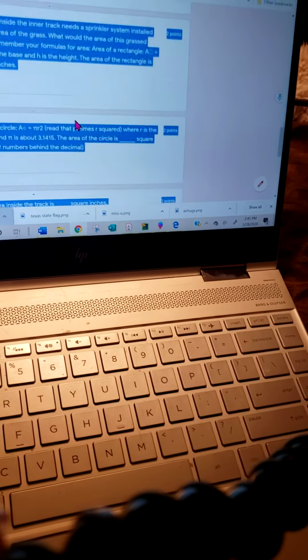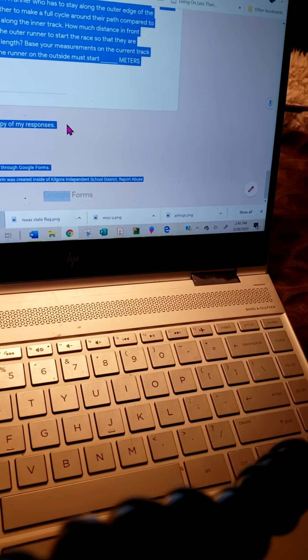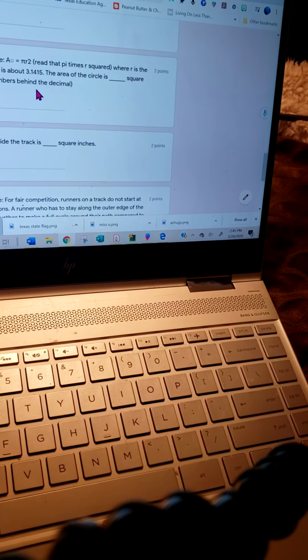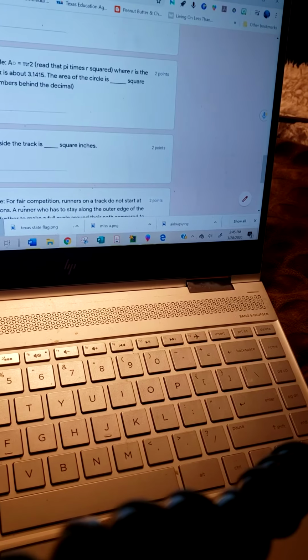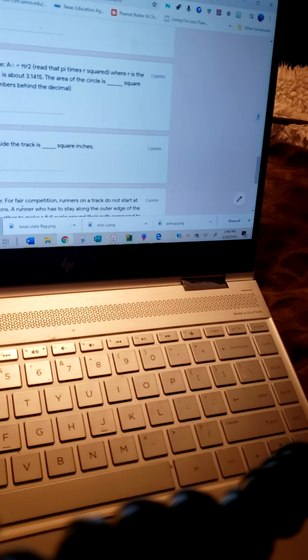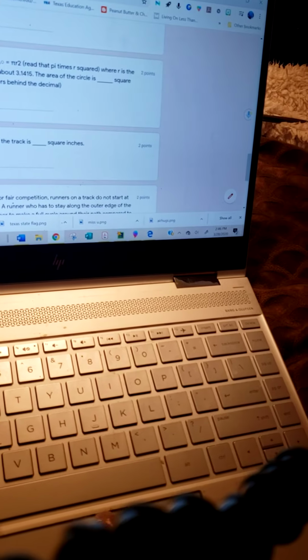And that would be your answer. That'll give you the answer for the circle. Then for the total area, you're going to add those 2 up for me.